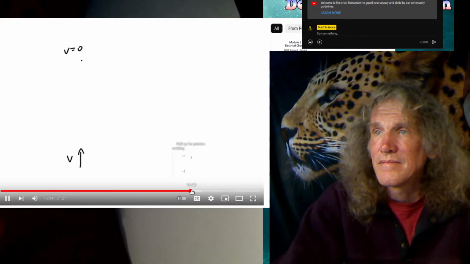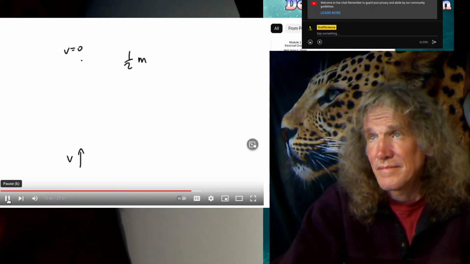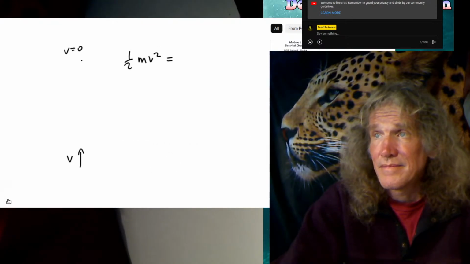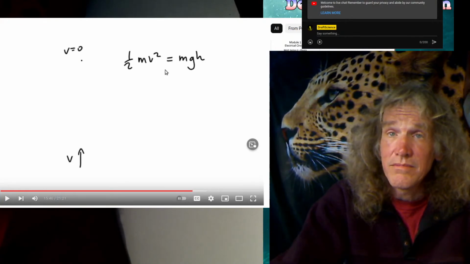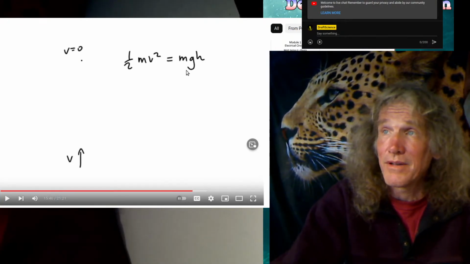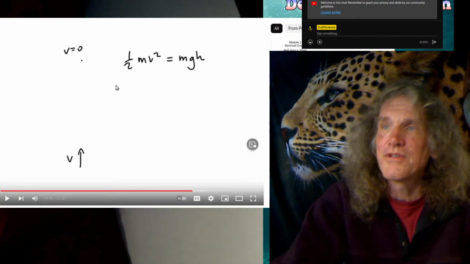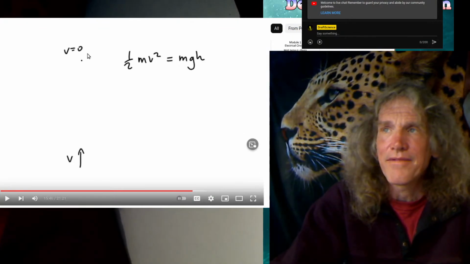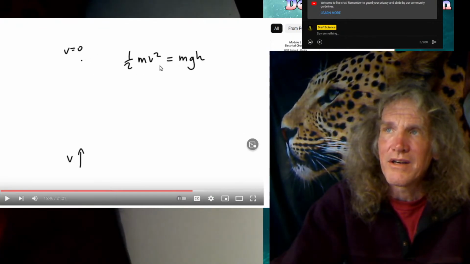So all of its kinetic energy has been transferred into gravitational potential energy. Okay, so half mv squared is going to equal mgh. Right, and so that's true, but obviously that isn't true in the sense that that's not real energy. So that's just fake energy, because the real energy is going to be just half of that in terms of, depending on what numbers you're using.